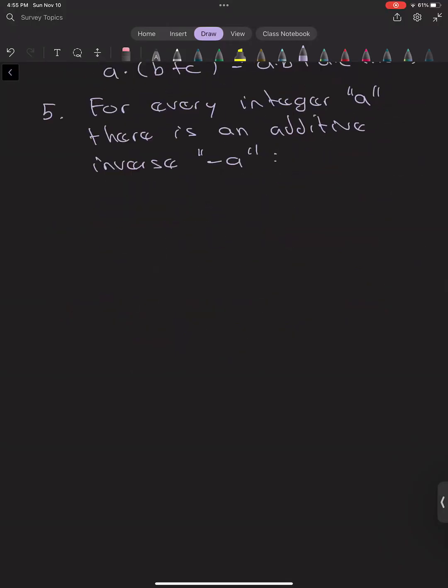And that means a plus minus a is congruent to 0 mod n.